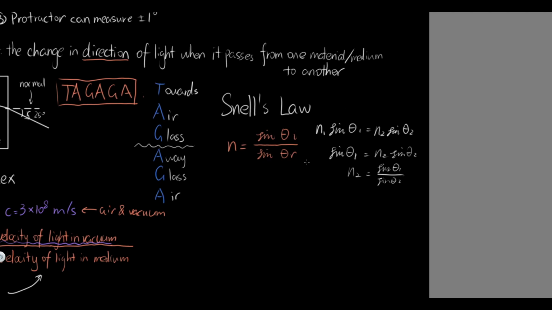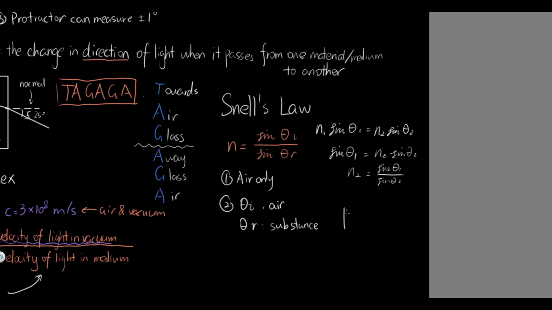The reason I'm introducing this is the limitation of this form of the formula. First of all, it only applies to air, because it's only when n1 is 1 that you can use this formula. Second, the angle of incidence must be in air, and the angle of refraction must be in that substance.